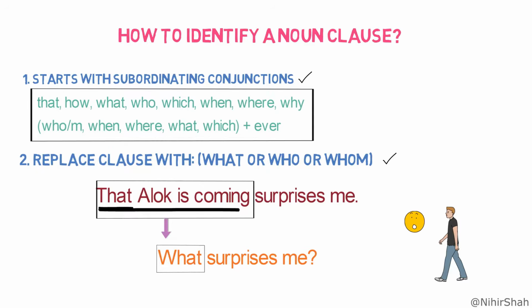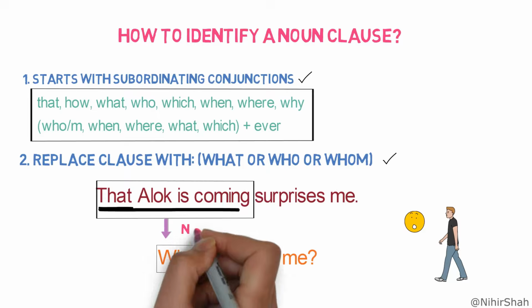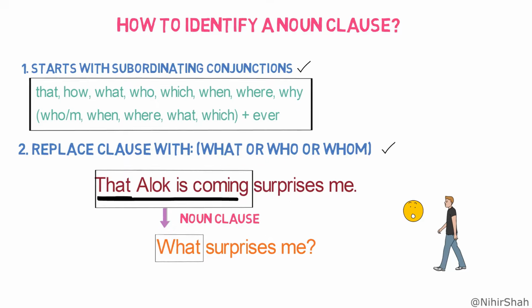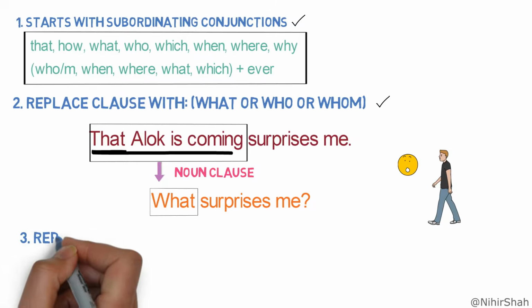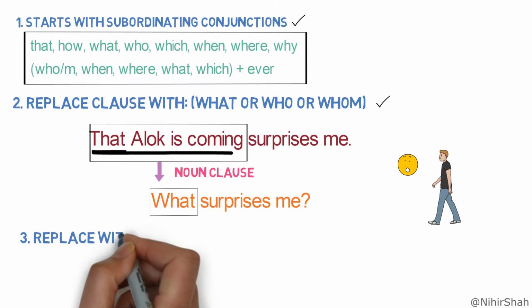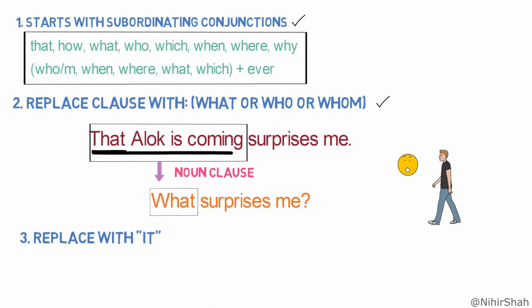So whenever you find a clause and you want to identify whether it's a noun clause or not, just replace the clause with what, who or whom. If the answer is coming, then it's a noun clause. Another way to identify a noun clause is to replace the clause with the pronoun it. After replacing the clause with it, if the sentence is complete, then it should be a noun clause.